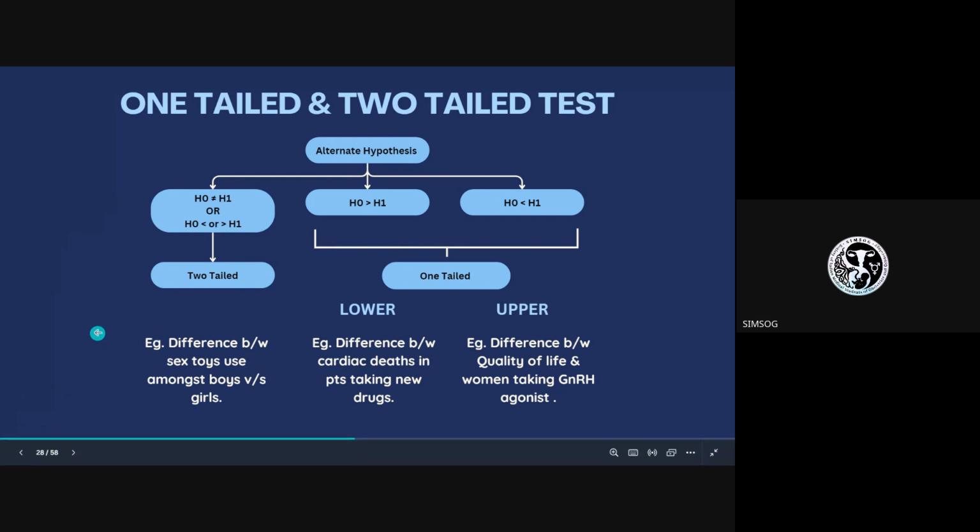But there might be cases where we want to specifically see if there is an increase, or in other examples we want to specifically see if there is a decrease. Let us take an example, a study where we want to find a difference between cardiac deaths in patients taking new drugs.